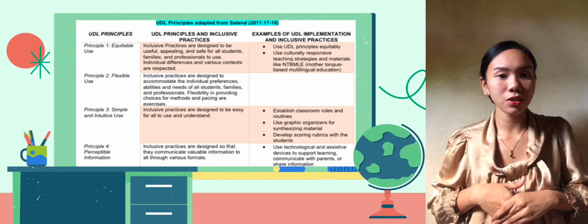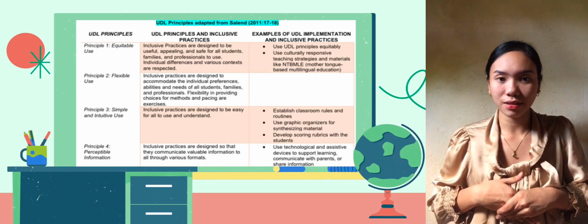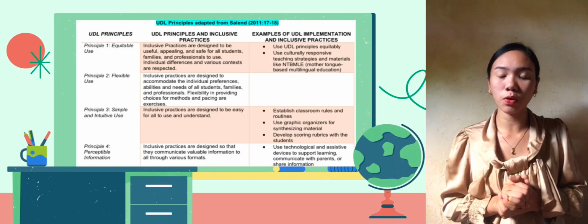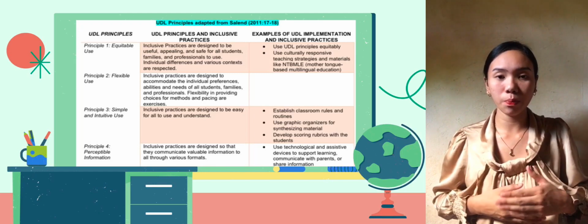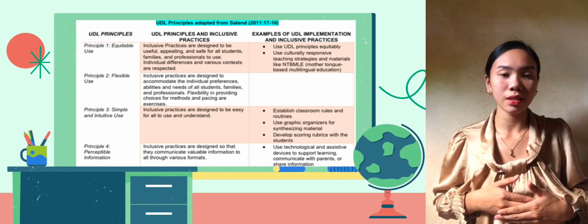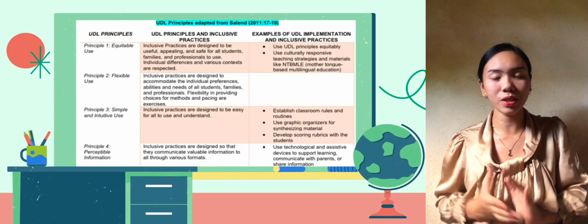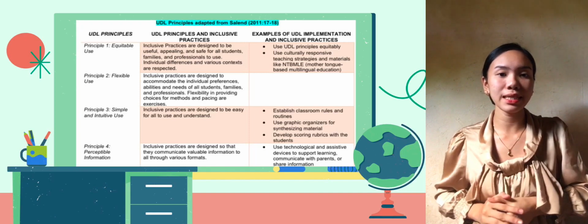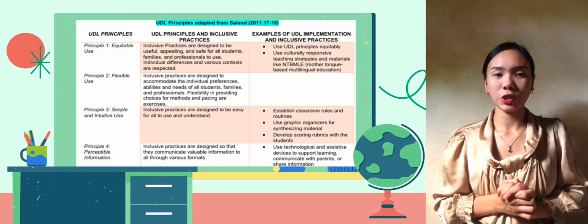Flexibility in providing choice for methods and pacing our exercises. So I think this principle is very understandable for us, because this is the most important, that individual preferences, abilities, and needs of all students, not just students, but also families and professionals. So let's proceed to principle number 3.